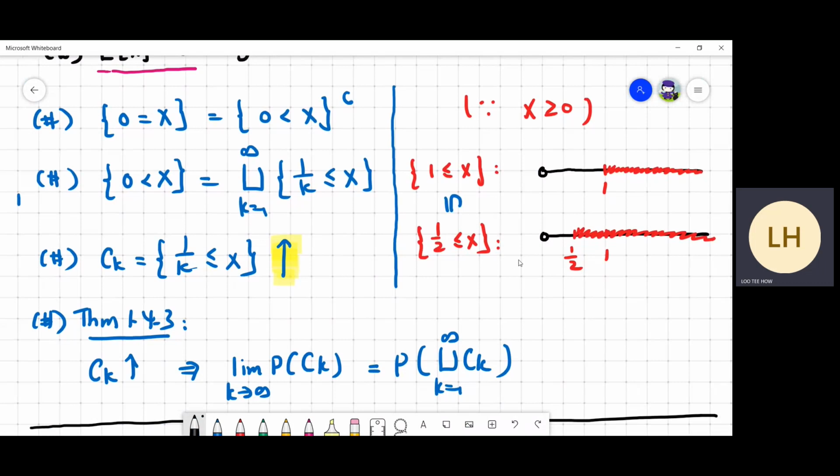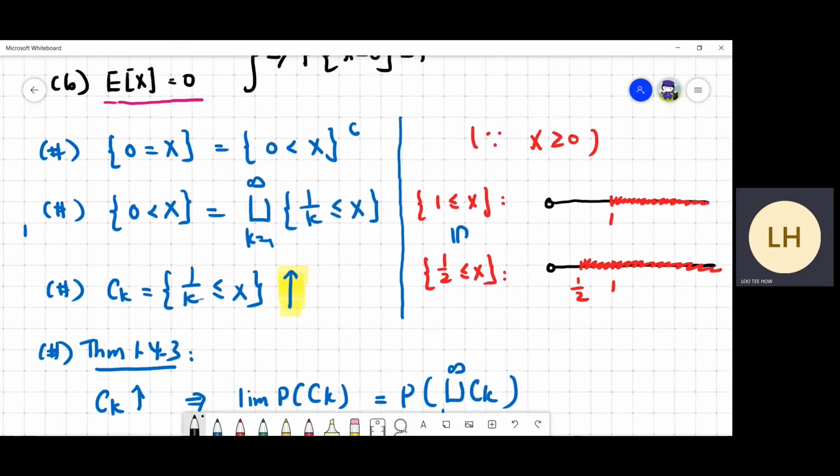Next, what we need to do is construct our Ck for this example. So these are our observations. First, the event x equals 0 is the complement of x greater than 0. The second observation is that the event x greater than 0 is equal to the union of all these events, x greater or equal to 1 over k.